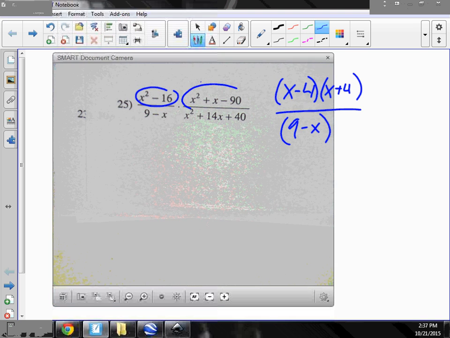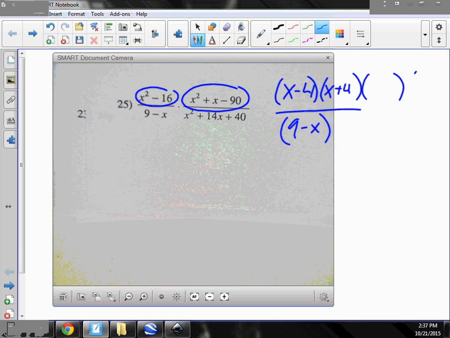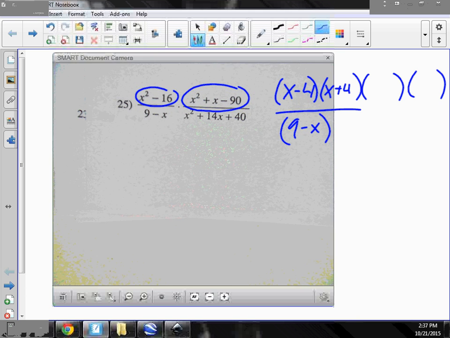Okay, now if you like the box, go ahead and use the box to factor this if you know how to do it otherwise. What multiplies to be negative 90 and adds to be 1? X plus 10 and x minus 9.